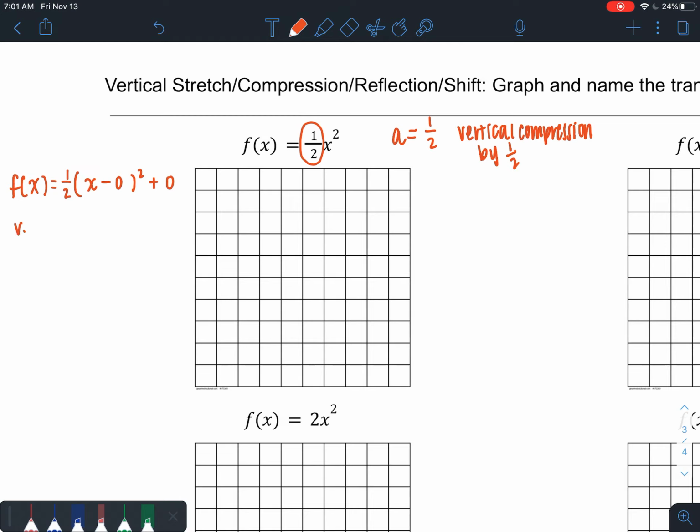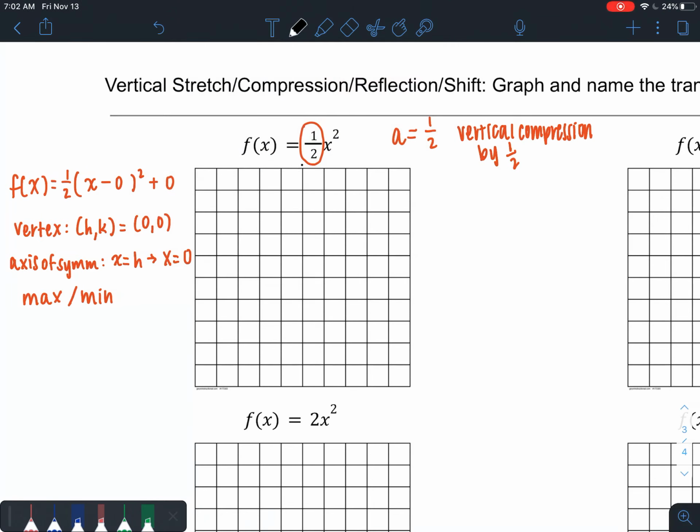That means that my vertex (h, k) is equal to (0, 0), and my axis of symmetry, which is x equals h, is x equals 0. And then, if I'm deciding between a max and a min, we'll graph it first and then I'll tell you.